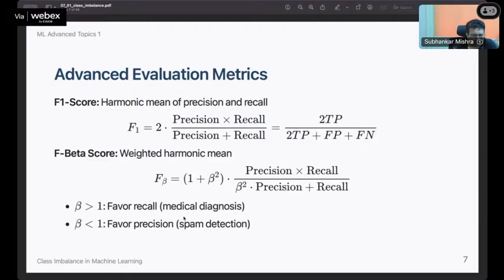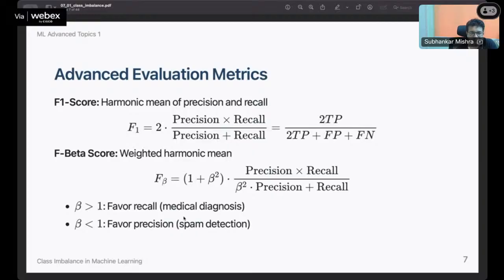We also have the F-beta score, a weighted harmonic mean: 1 plus beta squared, times precision times recall, divided by beta squared times precision plus recall. All it says is that if you have beta greater than 1, you favor recall. That means don't miss any diseases.